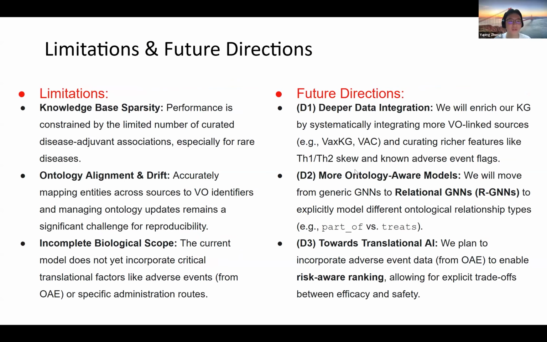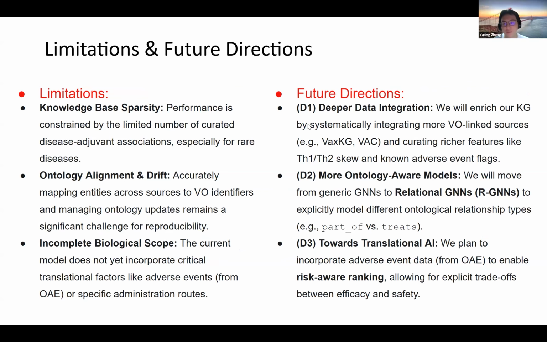And there are limitations and future directions. The limitation is that although we have the VaxJo database, the data is still kind of sparse. There are also some factual errors or drifts in the VO identifiers, so sometimes we lose some information. And the biological structure is still kind of incomplete, so maybe we could fill that in the future.